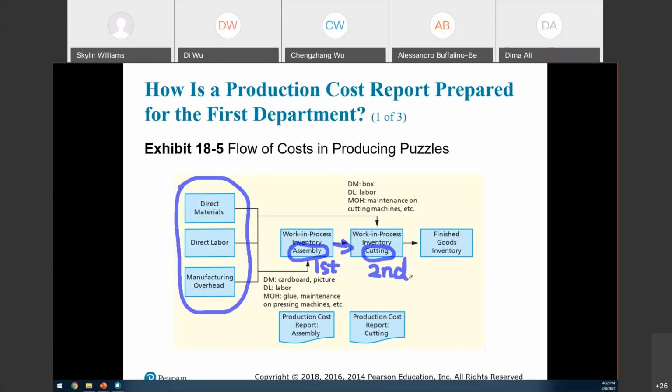Well, the cutting department cuts the cardboard into puzzle pieces and packages the puzzles in a box. The production process uses materials, machines, and labor in both departments, and there are 2 WIP inventory counts, one for the assembly department and another one for the cutting department.